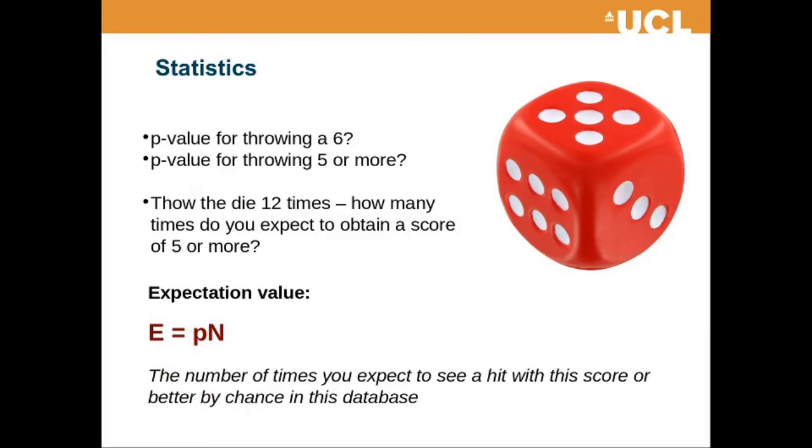However, if you are looking for reliable homologues, using an expectation value, an e-value, is a much more reliable way of knowing that what you're seeing is a genuine match than using something like sequence identity or sequence similarity alone.